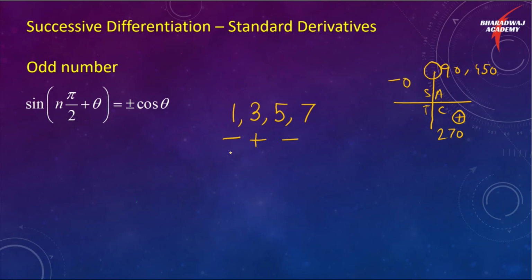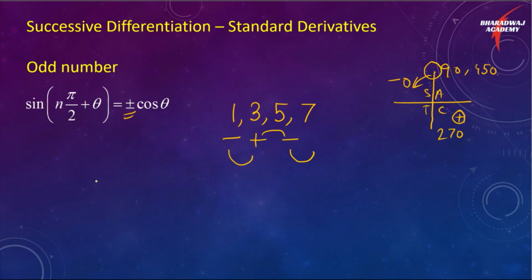So you can see a similar alternating arrangement as in the even case. Therefore we have plus and minus, but we have cos theta here because we know that sine of 90 plus theta is cos theta, because of complementary angles. That is the reason we got cos here.